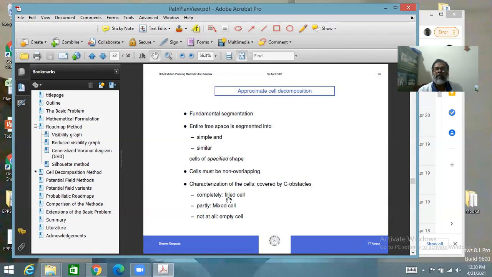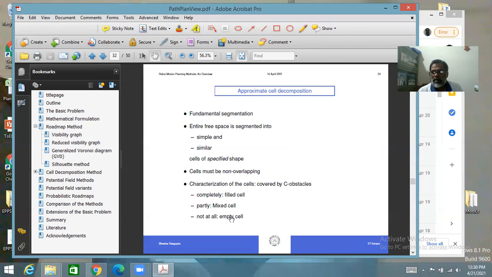So you have to flag completely filled cells as filled, partly filled cells as mixed cells, and totally free cells as empty cells. After getting the cells, you have to identify their type: filled, mixed, empty. Filled are clear, you can't do anything about it, you have to avoid that region while path planning.